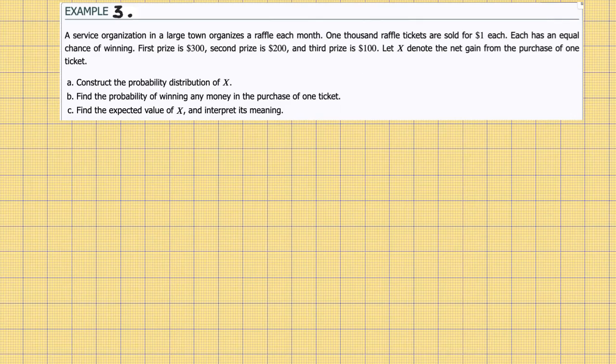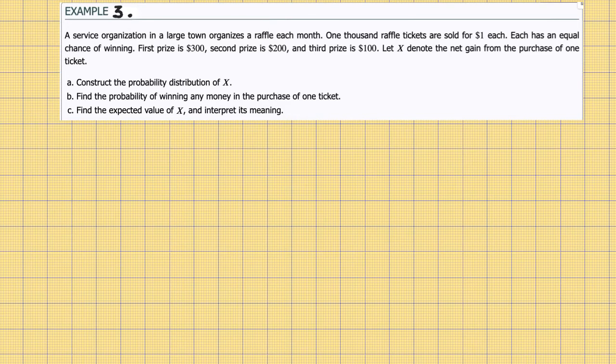Example 3. A service organisation in a large town organises a raffle each month. 1,000 raffle tickets are sold at $1 each. Each has an equal chance of winning. First prize is $300, second prize is $200, and third prize is $100.